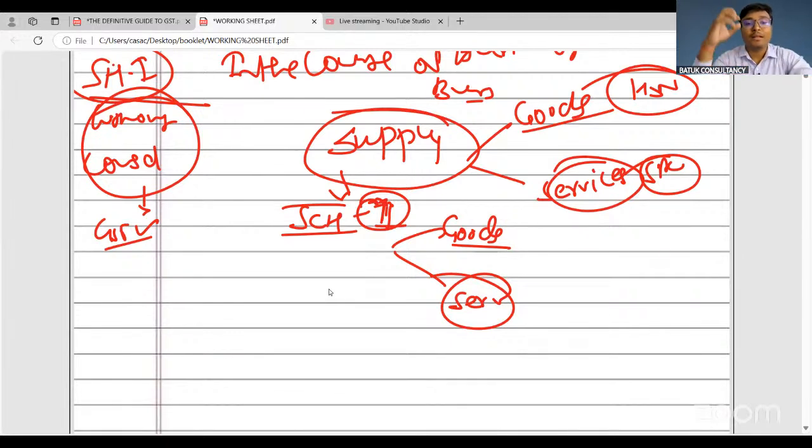Now, sir, there may be chances of a specific thing. Government may specify certain goods and services on which it is saying that we are not supposed to charge any GST. That means we are not going to charge GST on that particular type of goods or services. That means the same will not be treated as supply, but they have to specify the same.